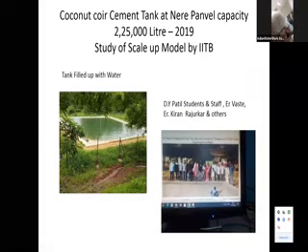the scaled-up model is now going on at Nere, where on the left-hand side you see the pond. That is a pond of 11 meter by 11 meter at the top. That is of 2,25,000 liter with only coconut coir cement technology. Now the study on the scaled-up model will be completed, and after completing that, this technology will go for application at a state level.